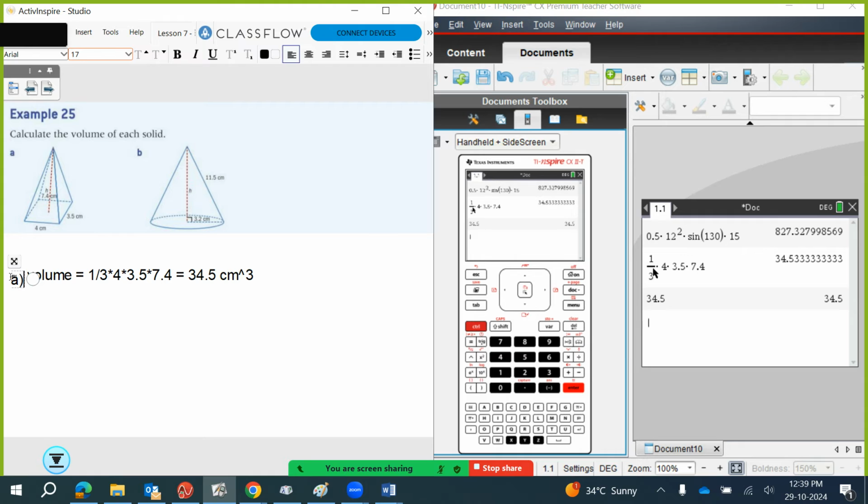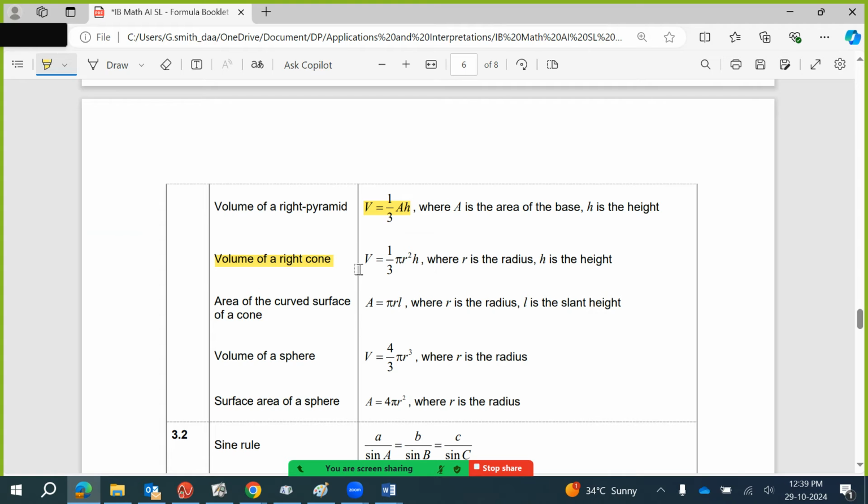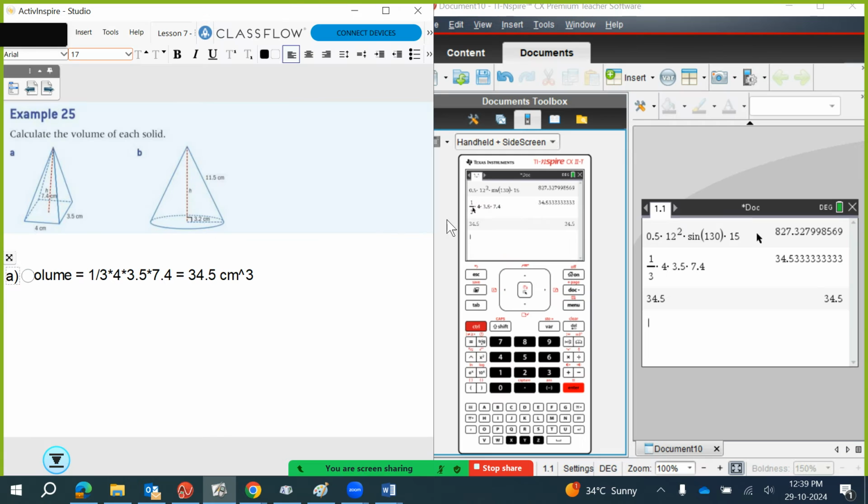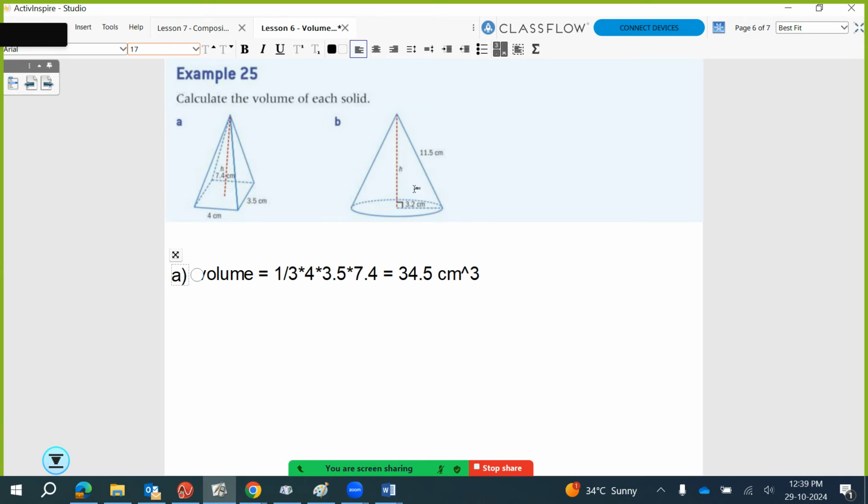How about B? If we look at our formula sheet for B, this is the volume of a right cone. So we need 1/3 pi r squared h. So what is the height in this shape? We don't know it. How can we find it?